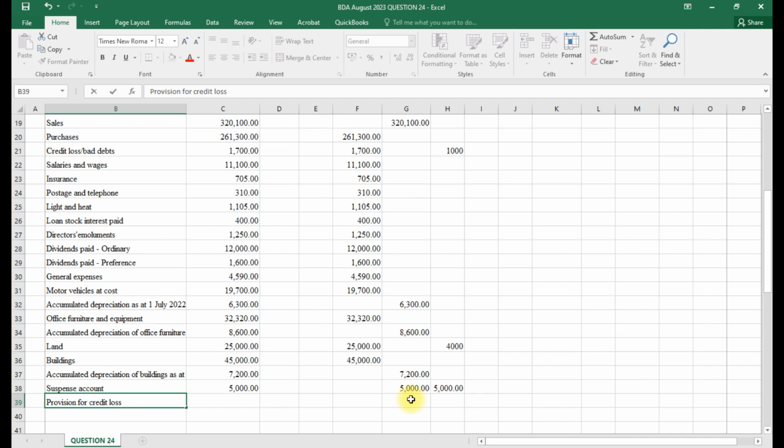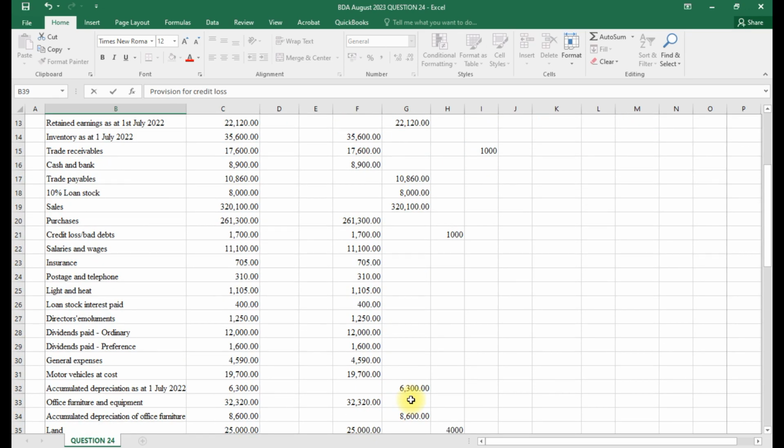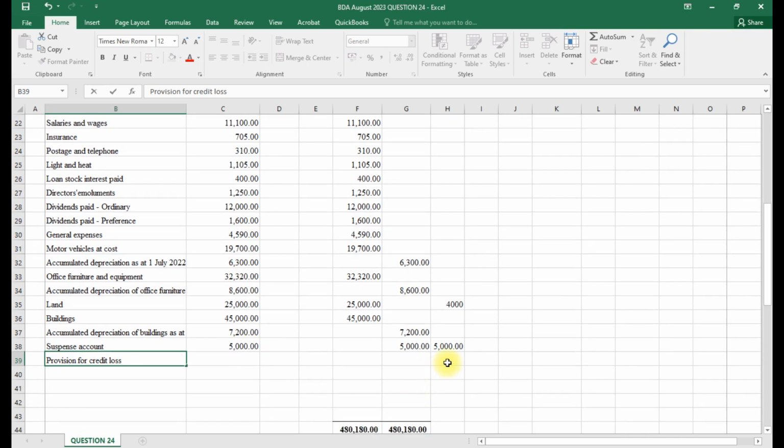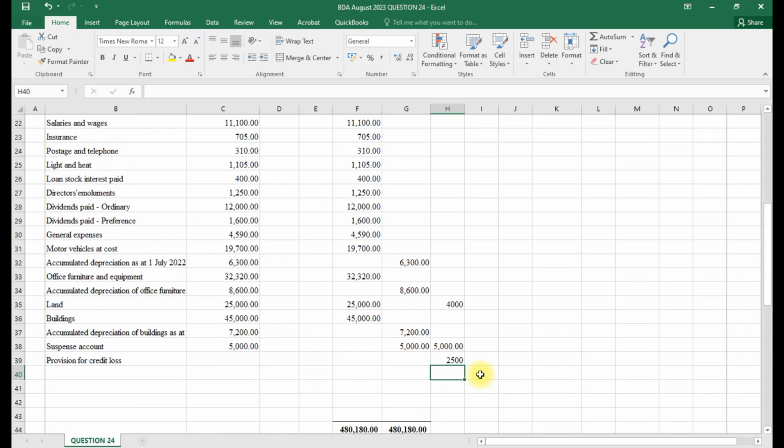So for the provision of 25, I will include it as an expense because it's a new value that we are creating here. I will debit this value of 25 and I will credit here.